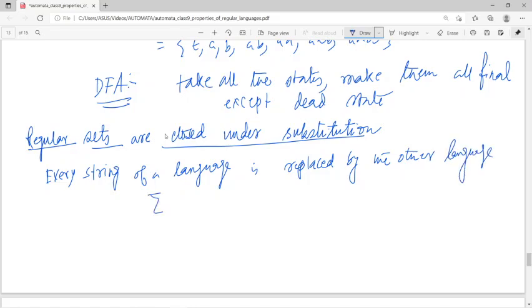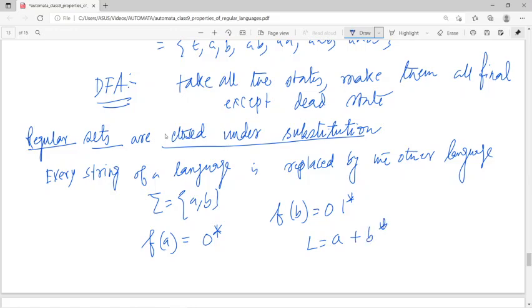Say this alphabet set is given, and FA is another language, 0 star, and FB is, say, 0 1 star. That means if the language is given as A B star, and we replace it with 0 star plus 0 1 star star, then that is also a regular language. That is nothing but substitution.